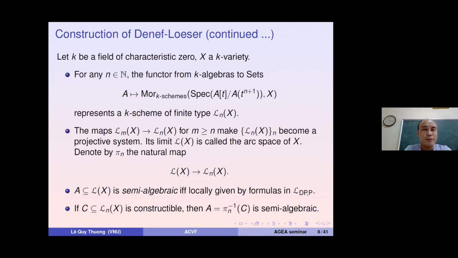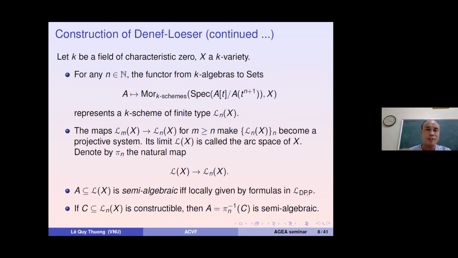For K a field of characteristic 0 and X a variety, we can construct the n-th jet scheme and the arc space. We have a functor from K-algebras to the category of sets.